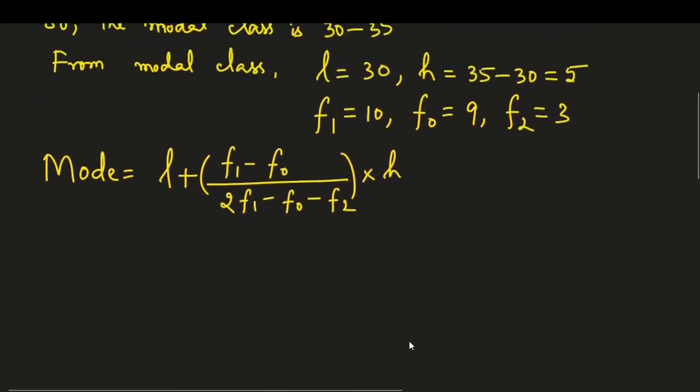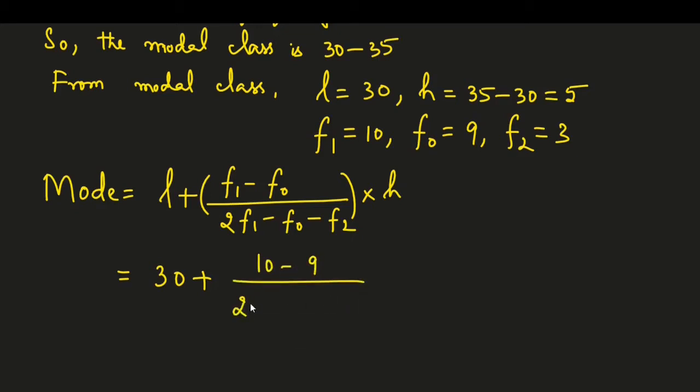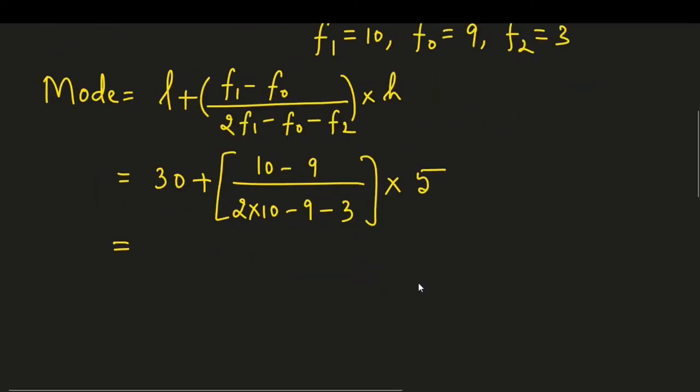Now let us substitute the values. So mode is equal to 30 plus (10 minus 9) by (2 into 10 minus 9 minus 3), this whole into H. H here is 5. Now let us simplify and calculate the mode. So here it is 30 plus 10 minus 9 is 1.